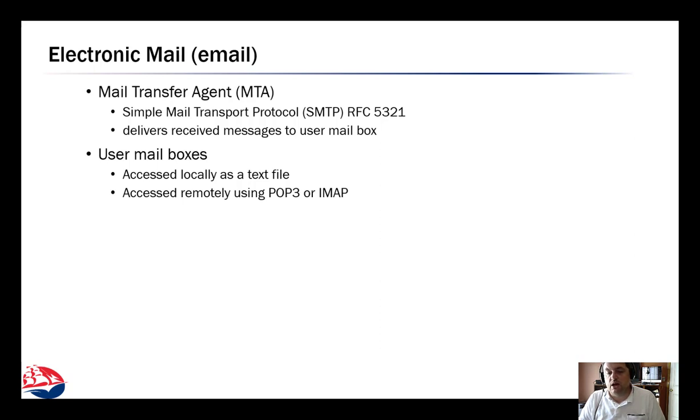In days gone by, the mailbox was just a flat file, like a text file, sitting in your home directory, and you could use a command, literally called mail, to read that file and show you your inbox and use it to create new messages or delete messages and things like that.